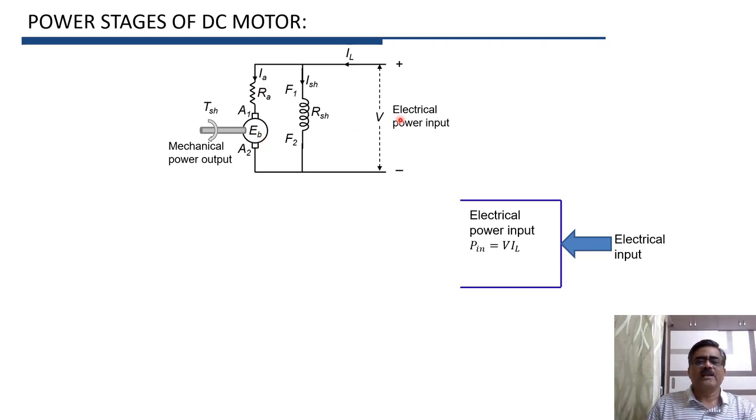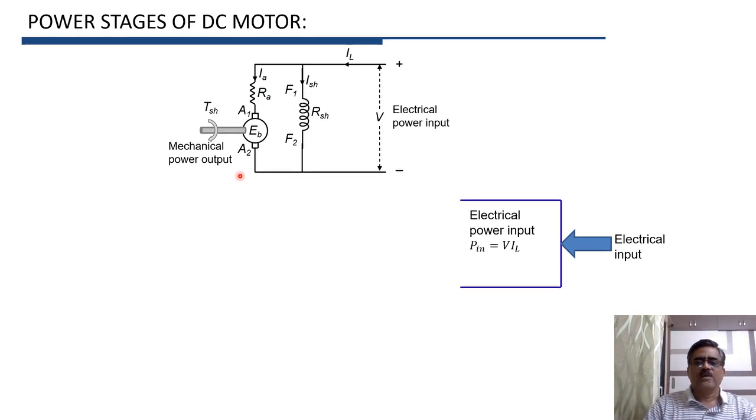But again, electrical power input cannot be equal to mechanical power developed in armature, because in this energy conversion, some power is wasted in the form of heat. So here, when this electrical power is supplied, first of all, there will be copper loss in armature as well as in field winding. So some power is wasted in the form of heat as copper loss in armature, that is Ia square Ra, and copper loss in field winding, that is ISH square RSH.